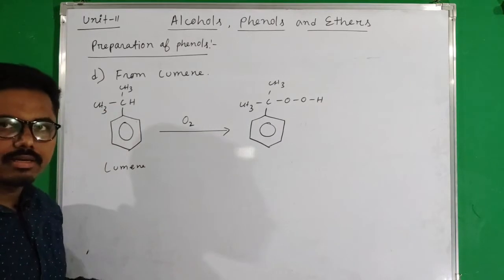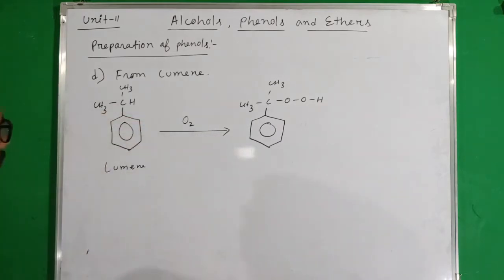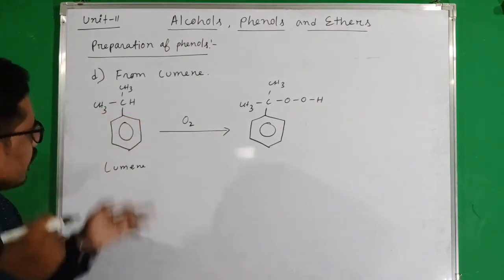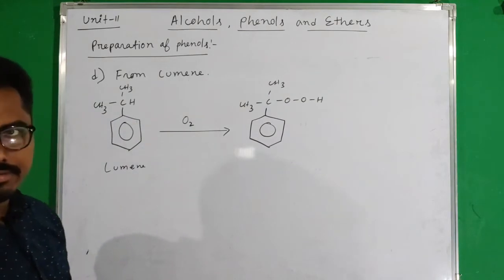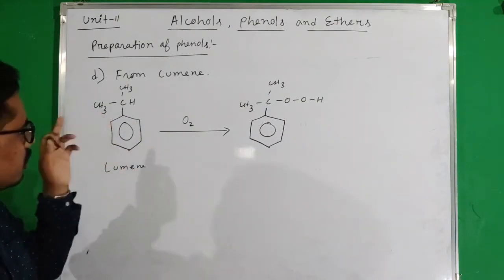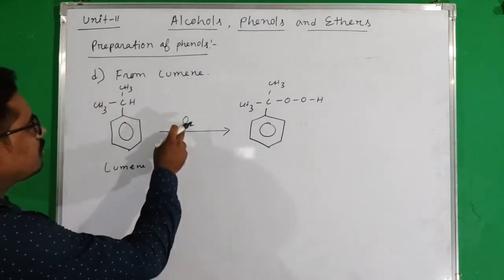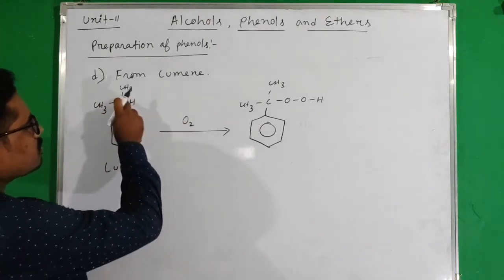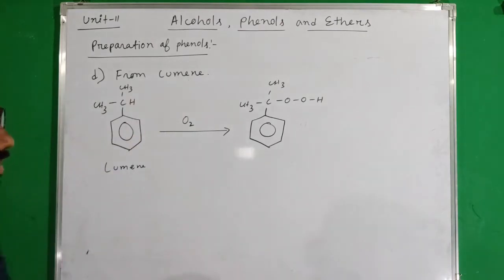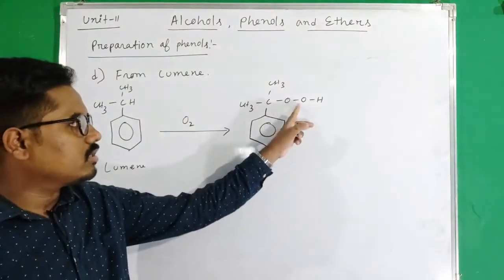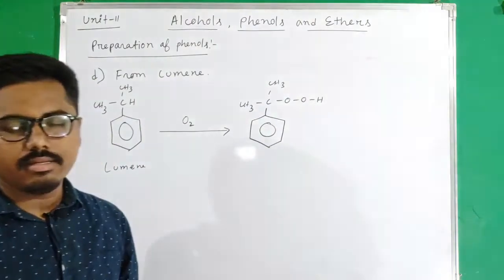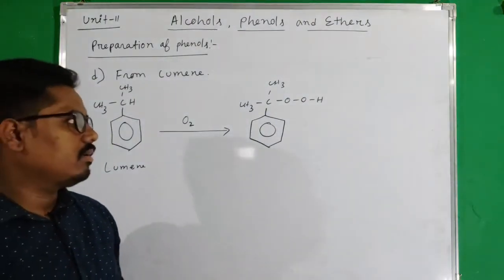The sp3 hybridized carbon next to a benzene ring is known as benzylic carbon, and benzylic carbons are very active. Okay, and due to activeness of this carbon, the oxygen will get attached with this carbon, forming a peroxide bond. When an oxygen-oxygen single bond is present, that bond is known as peroxide bond.